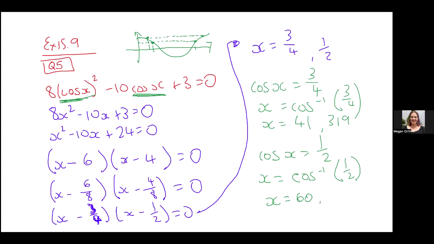I've gone 60 from 0 and then backwards. So you can see here, I'm just trying to look for my equivalent values. So this is 300, if this is 60, and if that's 41, that's 319. Okay, so I know this was quite difficult, but these are our final 4 answers, our final 4 angles.